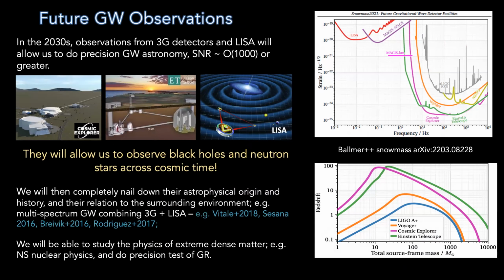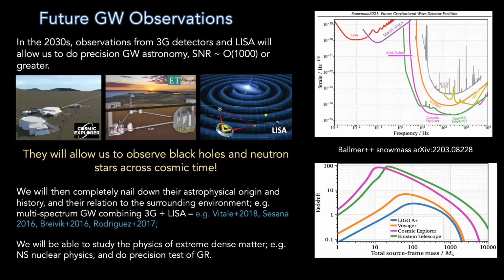And so if you are a graduate student or even a postdoc, we know that we're going to have many more gravitational wave observations in the future, because we have third generation gravitational wave detectors that are being planned, and LISA, a space mission that will be flown.